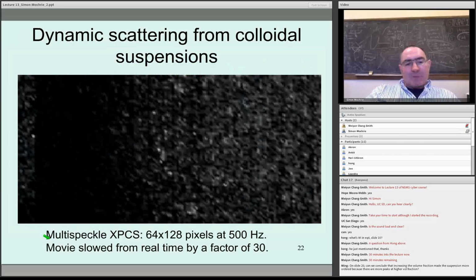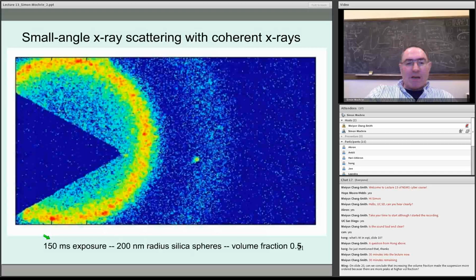So now I want to show you a movie, and this is a movie of a more dynamic sample. So the volume fraction is much less. The sample is quite liquid. And what I'm going to show you is just a little piece of this ring. So this ring is like this, and the next thing is just a little piece of this ring, maybe a little slice going from here to here to here.